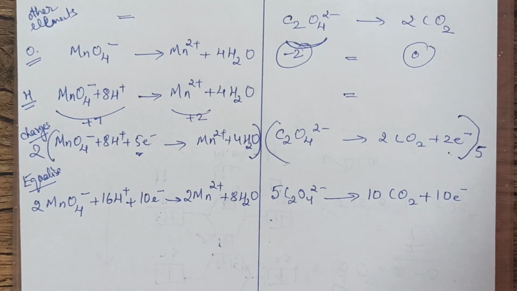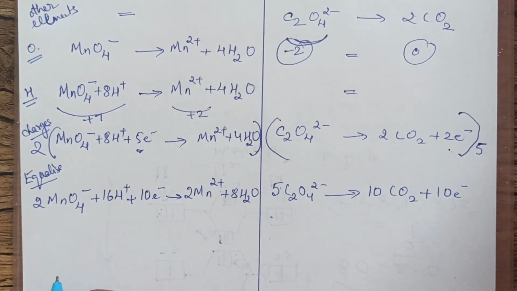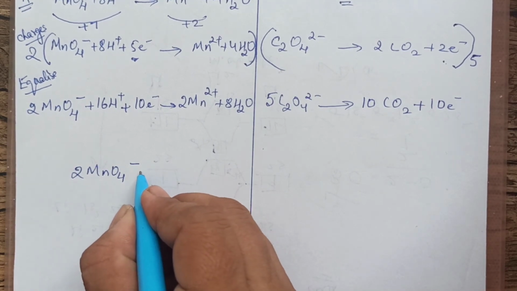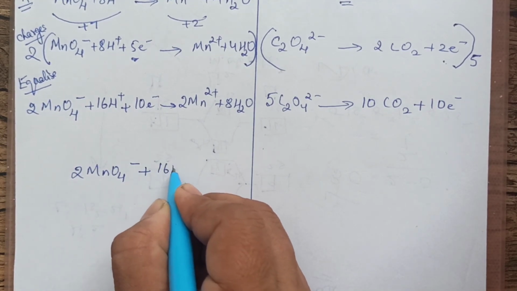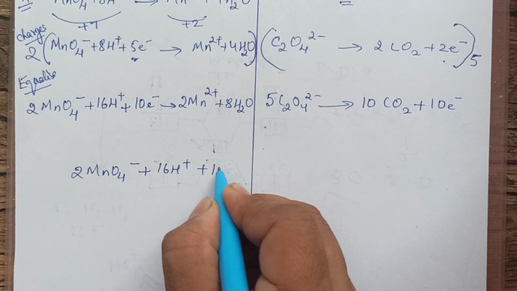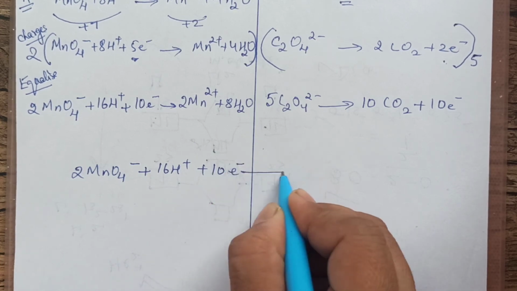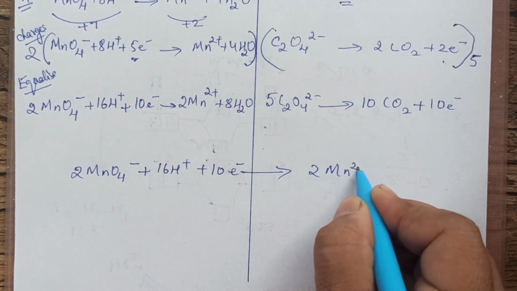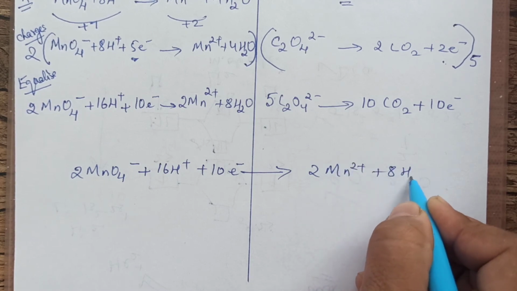After I do that, I will now copy both the equations one below the other and I am going to add them. So I am writing somewhere in the center, so that you have a feeling we are adding them. This plus you have 16H plus, 10 electrons were forming what? 2Mn2 plus you have 8 water, right?